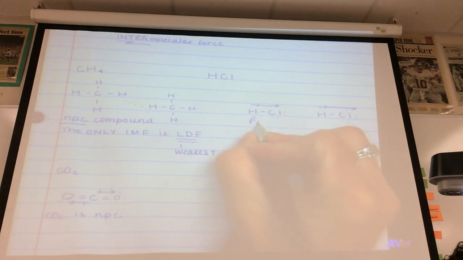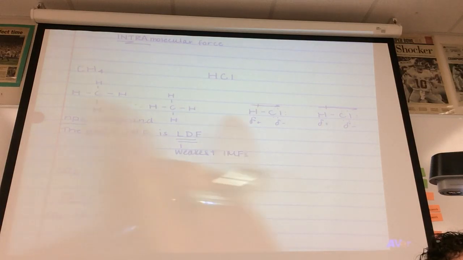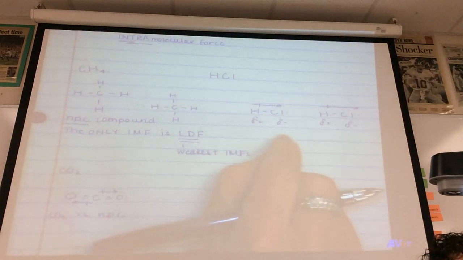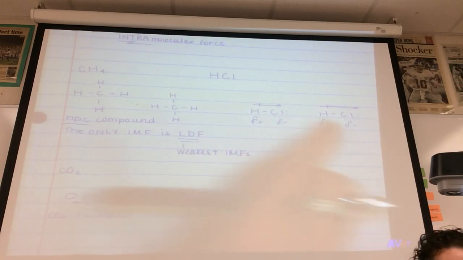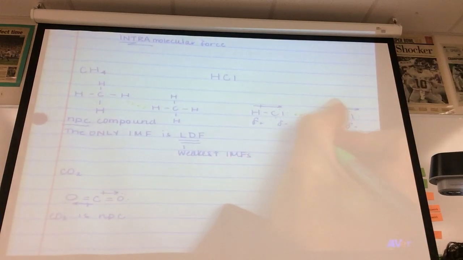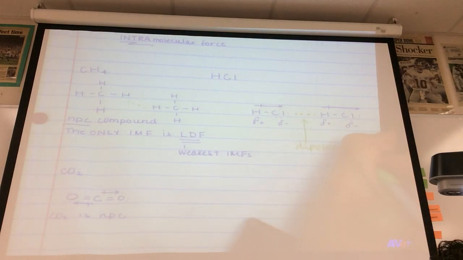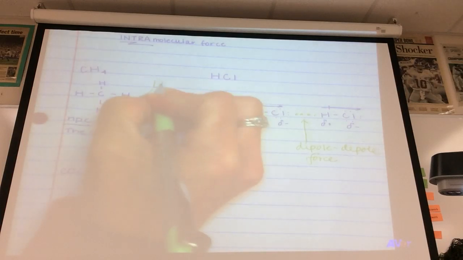That is partial positive here, partial negative on the more electronegative atom. And you'll see that the HCl molecules align themselves partial positive, partial negative, partial positive, partial negative. And the force of interaction here, the IMF, is known as a dipole to dipole force. Sometimes we write dip to dip, where this one is an LDF.